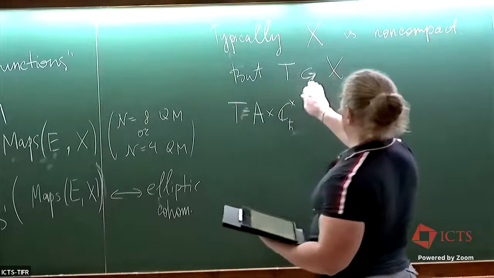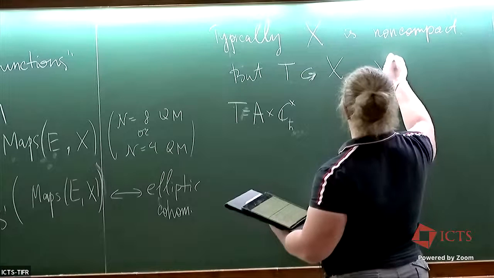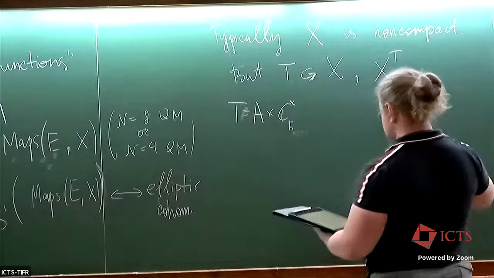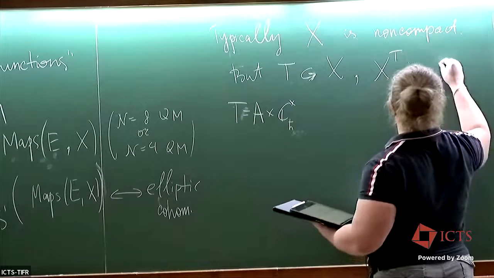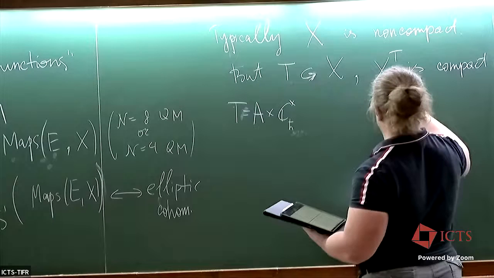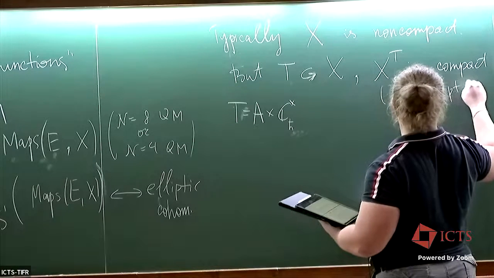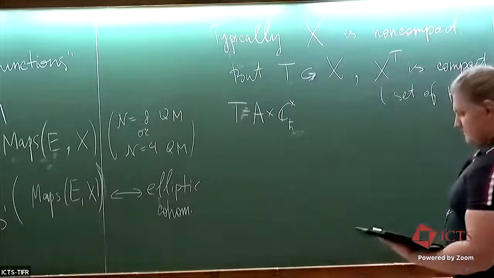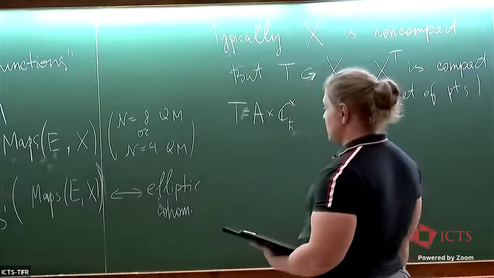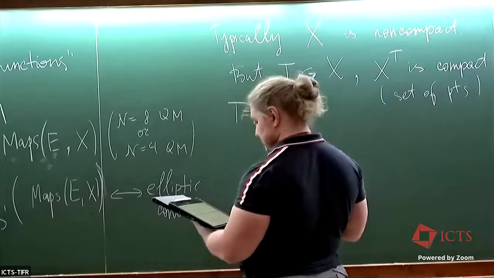So with such T acting on X, X^T is compact, often just a set of points. So it makes sense to include equivariant parameters, equivariance with respect to T as well.